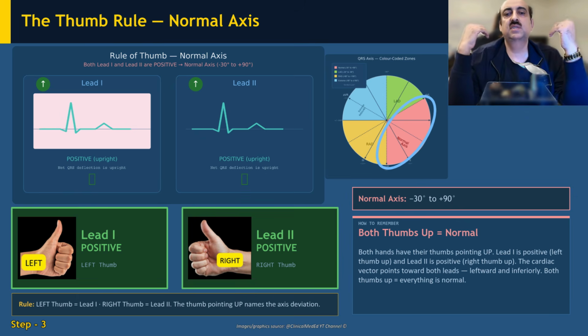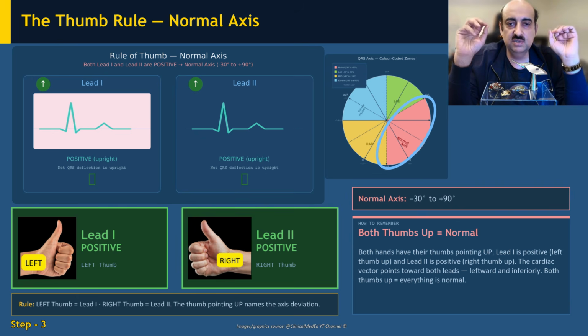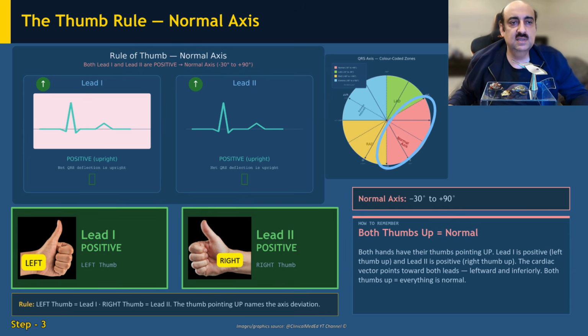So this is the range, and the median is 57 or 60 degrees for you to remember easily. If you look at the inset in the diagram, the orange part, which is a circle in the blue oval, this is the minus 30 to 60. So this is the normal cardiac axis. If both thumbs are upright, that's a normal cardiac axis.